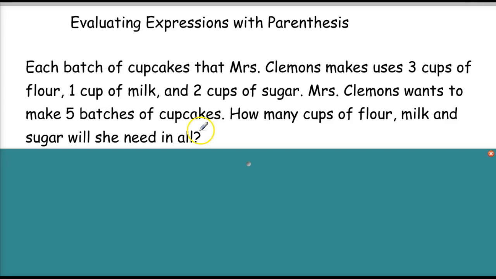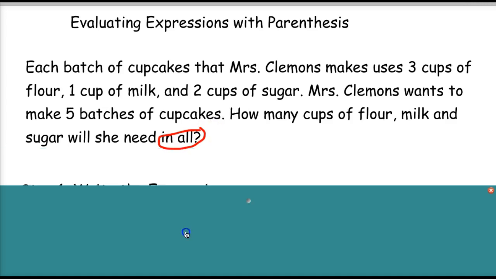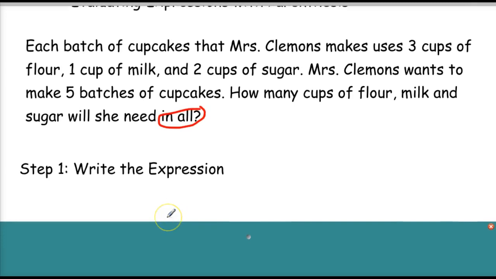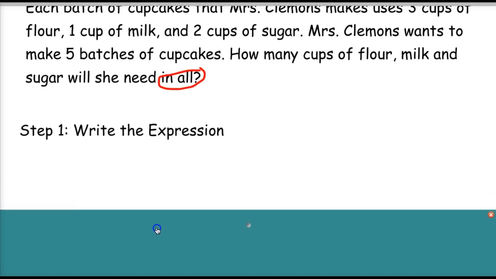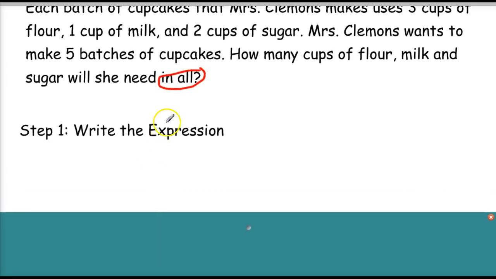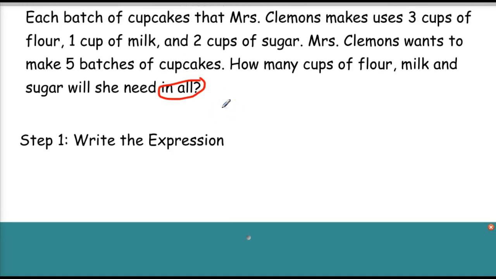Now, if I look at, remember my clue words, I'm going to look at that in all, and I know that I'm going to be adding together the cups of flour, milk, and sugar. So my first step is to write my expression. So if I write my expression, I'm going to be adding together all of the ingredients.